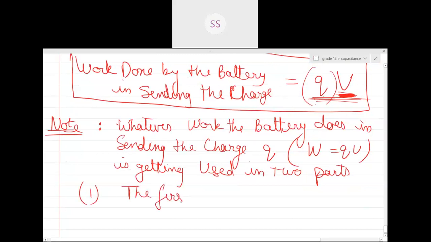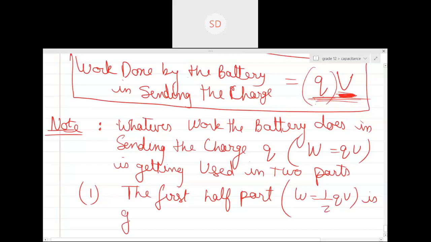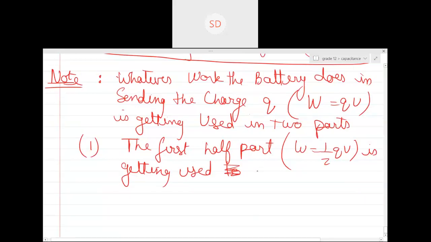The first half part, how much? Half QV is getting used to charge the capacitor, which is stored as electric potential energy in the capacitor.